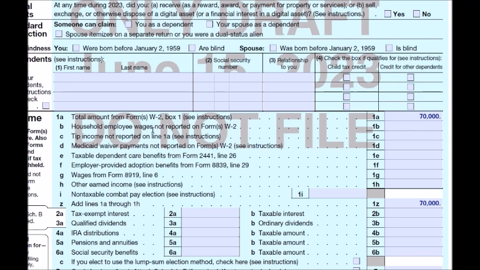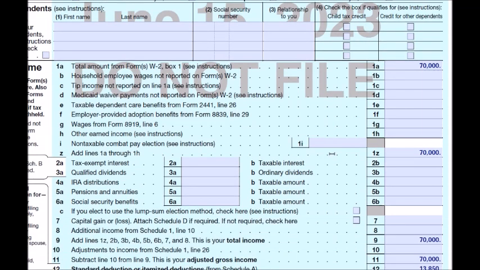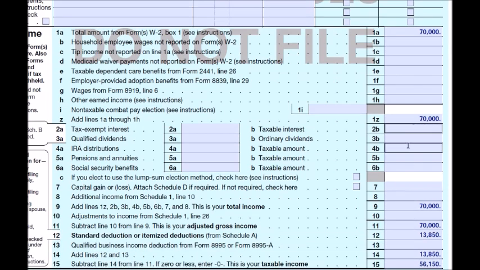And suppose this filer has no other income, so add all of these up, we get $70,000. And again, suppose no interest, no dividends, no IRA distributions, pensions, so add all of these up, we get $70,000.